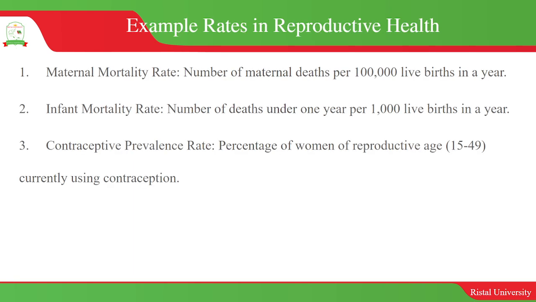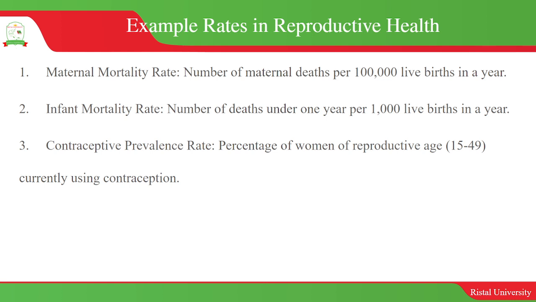So the common examples of rates that we use are maternal mortality rate, infant mortality rate, contraceptive prevalence rates. Okay, with this one you can see that the time frame for the first 2 is a year.